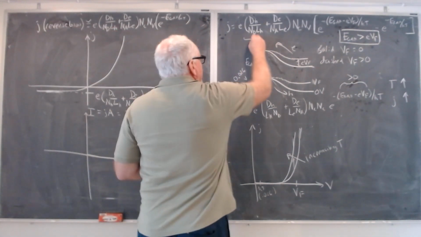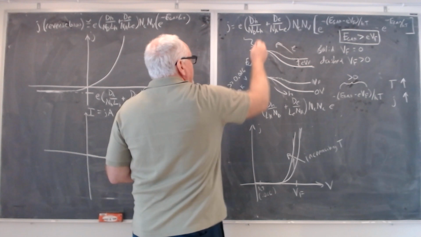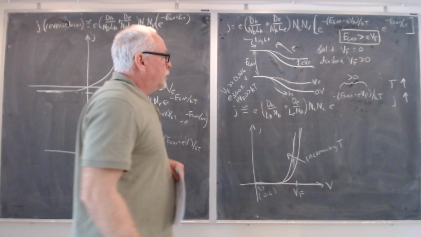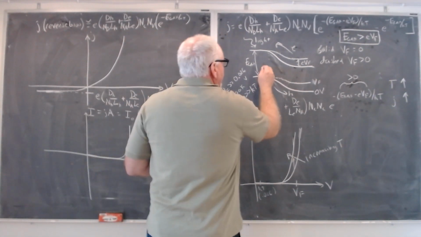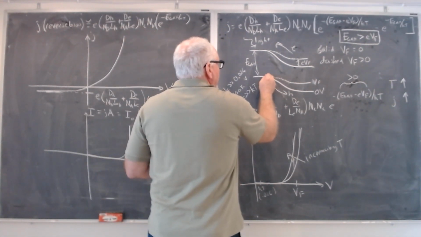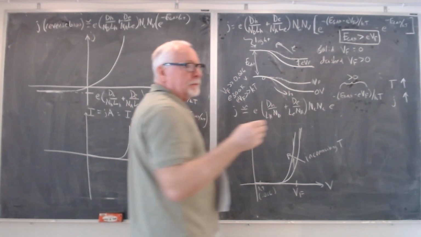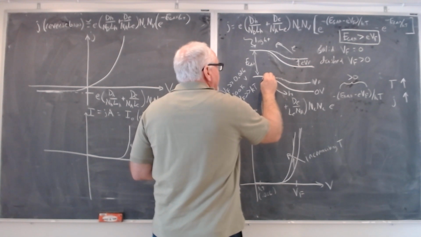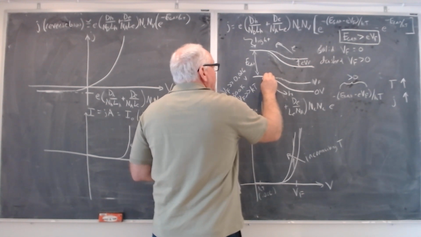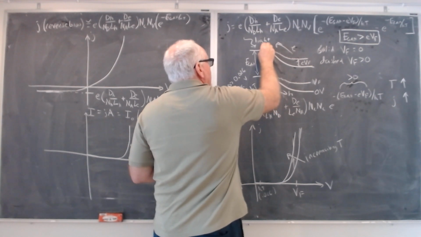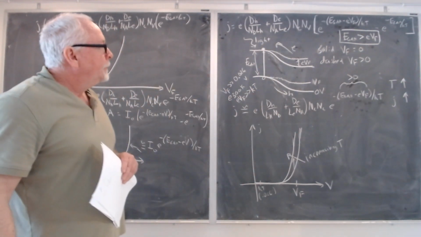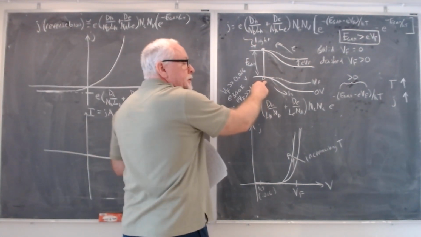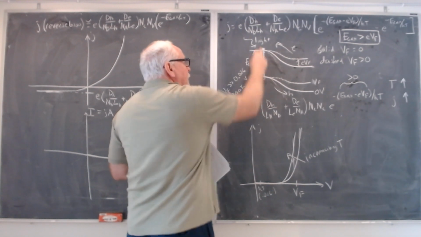Now, if I shine light on my diode, if I have sufficient photon energy, I'm going to absorb the light photon and move an electron to the conduction band. Basically, a photon comes in, hits an electron in the valence band, kicking it up to the conduction band.